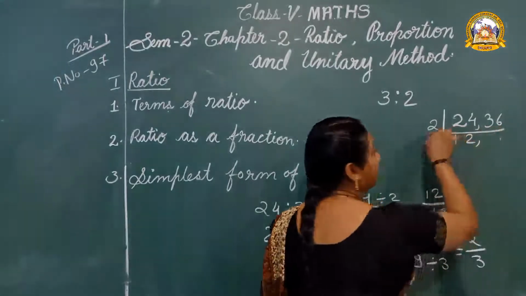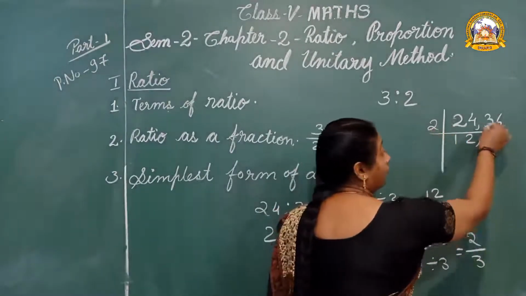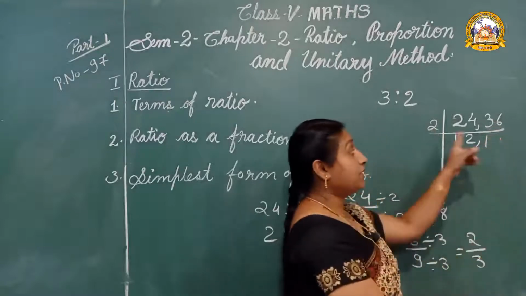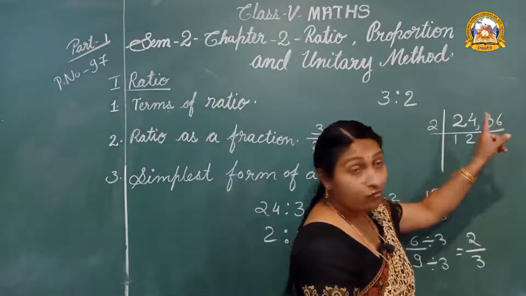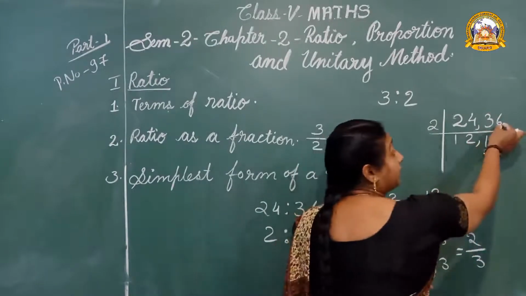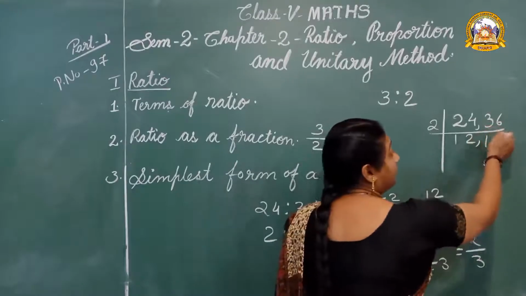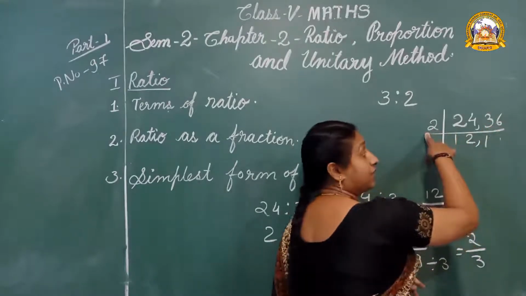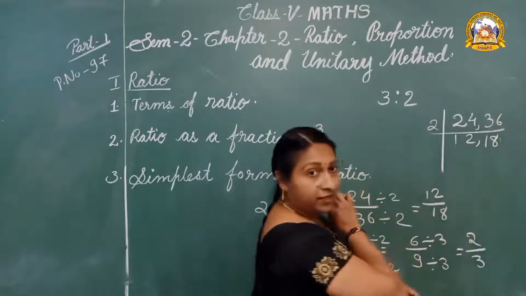Again 36 divided by 2. In 3, how many times? 1 time and 1 two is 2. What remained there? Yes, 3 minus 2, 1, no? So, let us make this 6 as 16. 8 2s are 16, so 18.